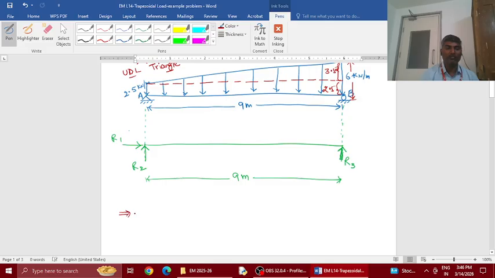We calculate the point load from the UDL first. Consider the uniformly distributed force, which is a rectangle.